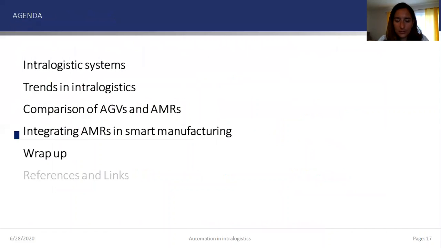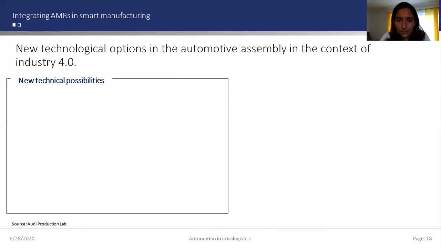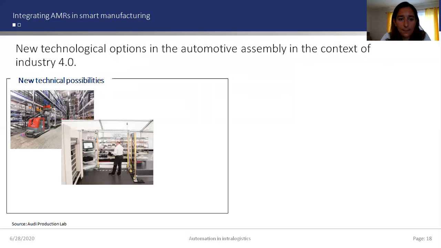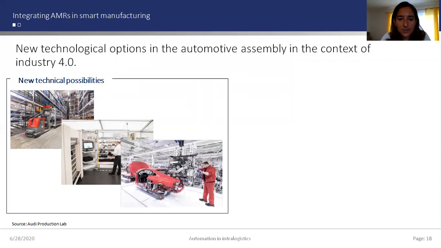So let's have a look at integrating AMRs in smart manufacturing. Especially in the automobile industry, the new technical possibilities are used for warehouses and for order part picking in the logistic process.